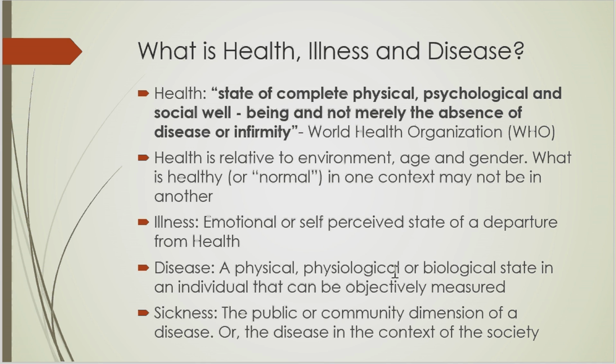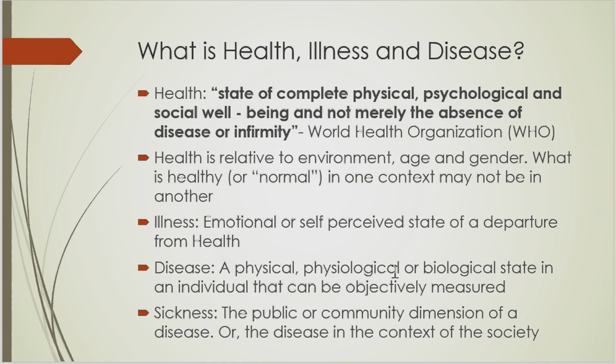Now, somebody could have a disease but still not feel ill. So, for instance, they may be asymptomatic. So, for instance, somebody could have the coronavirus disease, but they are asymptomatic, they're not feeling bad, so they class themselves as not being ill, so they do not have illness.